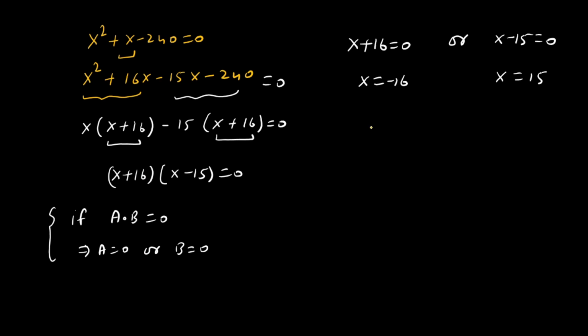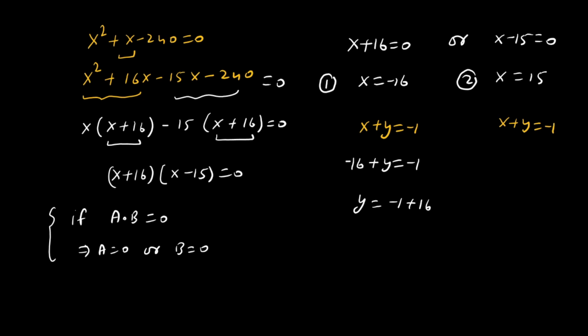Now we know that x plus y equals negative 1. Here we have two cases. Let us consider this as case one and this as case two. If x is negative 16, then negative 16 plus y = minus 1, so y = negative 1 plus 16, which is 15.